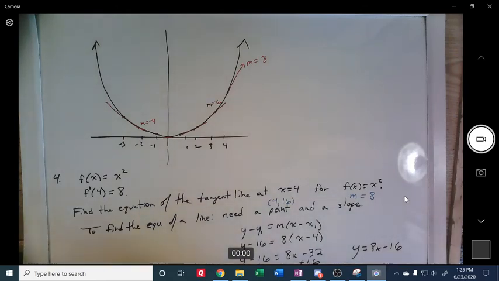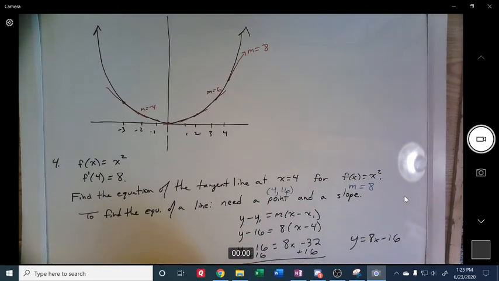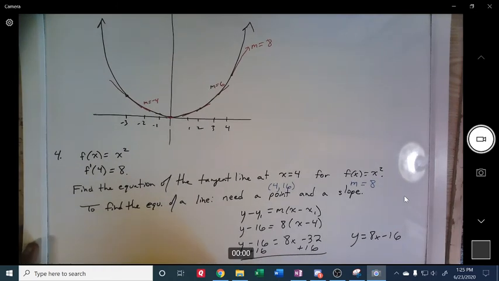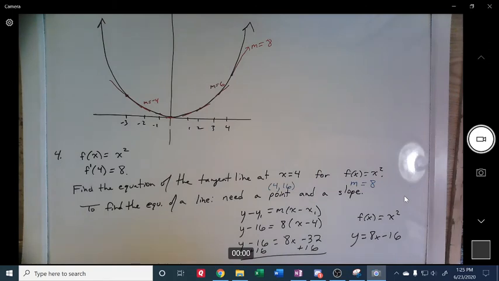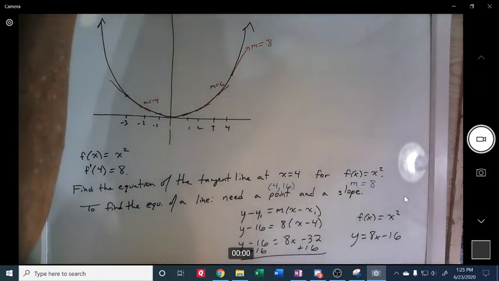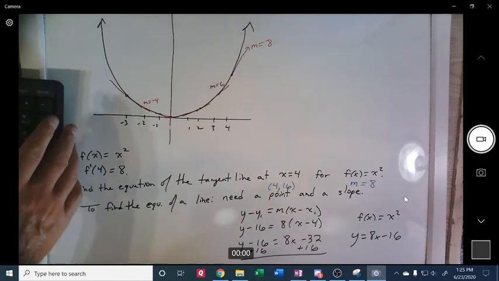Now, when you get the equation of a tangent line, and you have the function, what's kind of interesting to do is to graph both of these on the same coordinate grid. So that's what I'm going to do here.